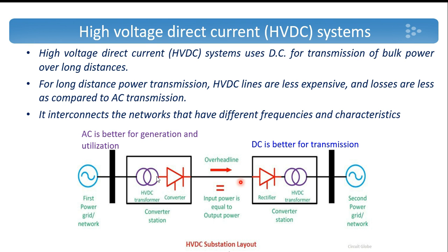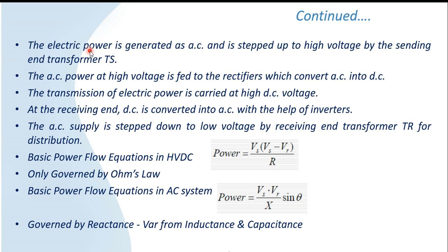Usually a back-to-back converter arrangement is used, and along with the converter there will be transformers, high voltage transformers, for increasing the voltage level. The electric power is generated as AC and is stepped up to high voltage by a transformer.